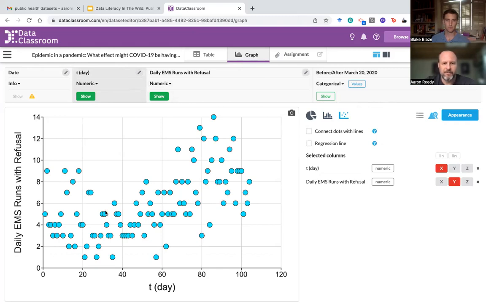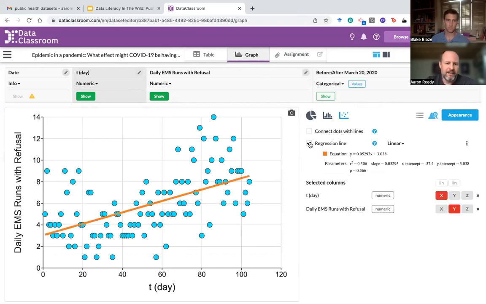There's a lot of variance from day to day at any point in the data set. I'm going to first add a regression line just to take a look at the overall trend. And I would describe this as an upward trend where over the time that was studied, the average or predicted value for EMS runs with refusal increases.